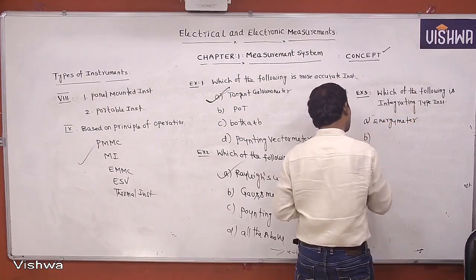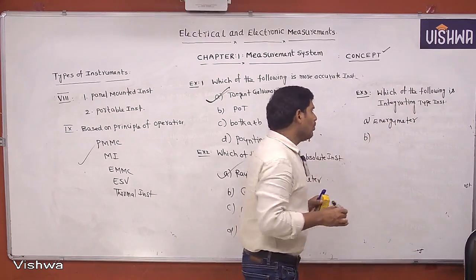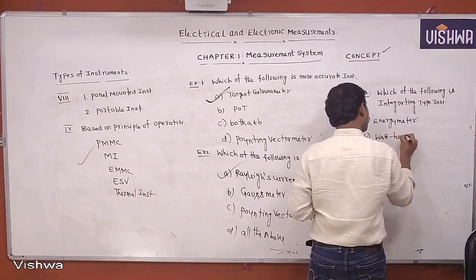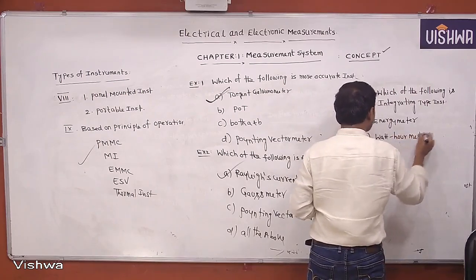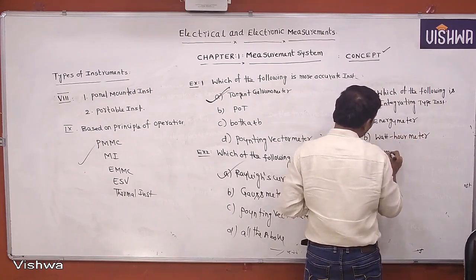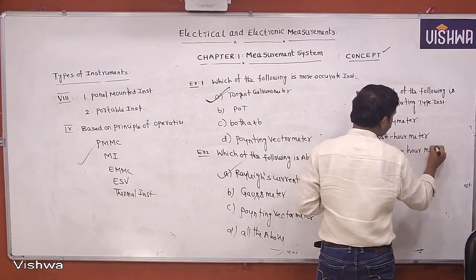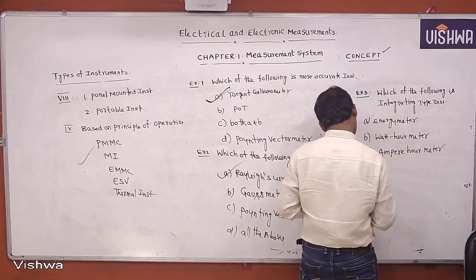Option B, watt hour meter. Option C, ampere hour meter. Option D, all the above.